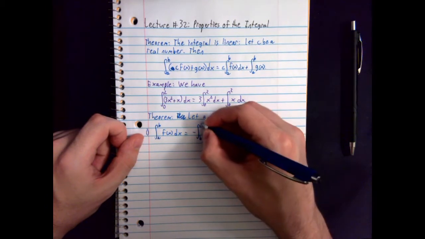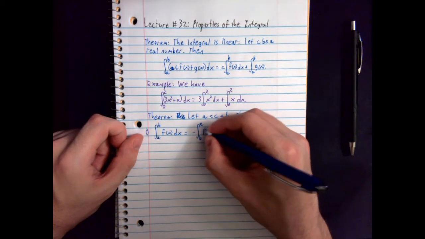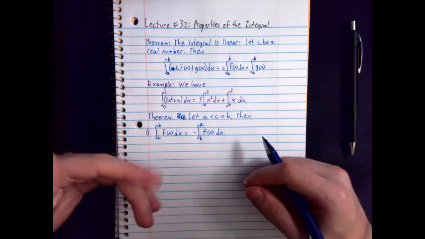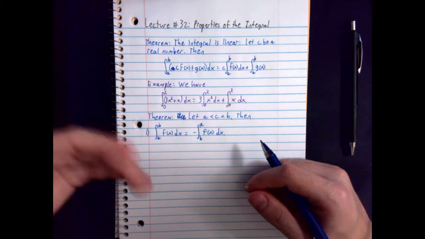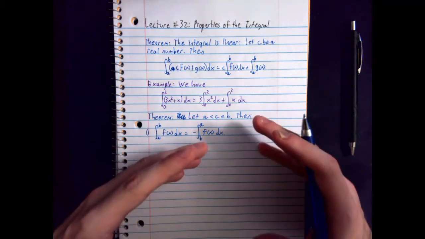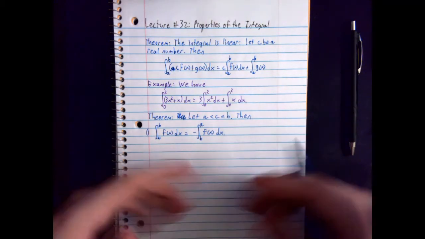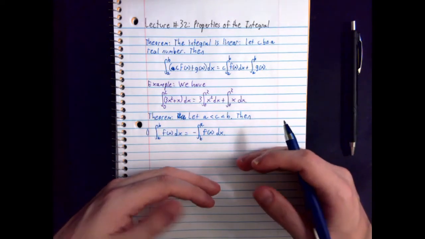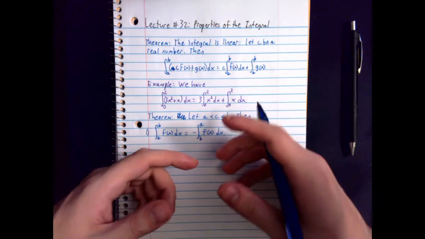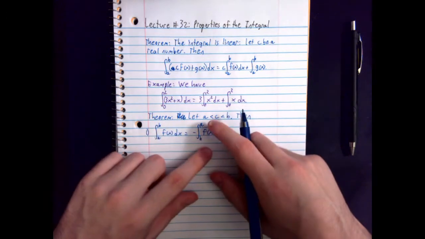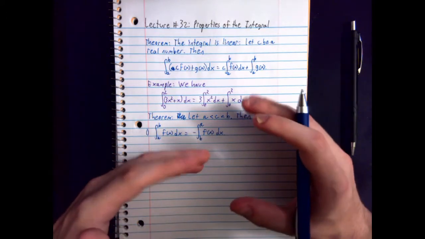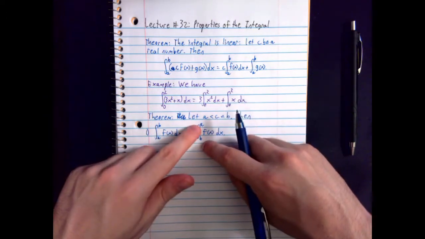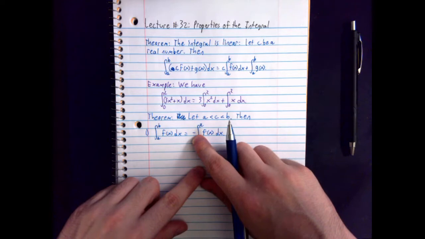So this is negative the integral from b to a now, of f of x dx. When you get into Calc 2, you'll do something called a change of variables, and actually we'll do that a little bit in this course as well. But sometimes when you change variables, you incur a negative sign, or your limits of integration get switched around. And so if you need to reverse the limits of integration, swap them like this, the only thing that happens is you pick up a negative sign.